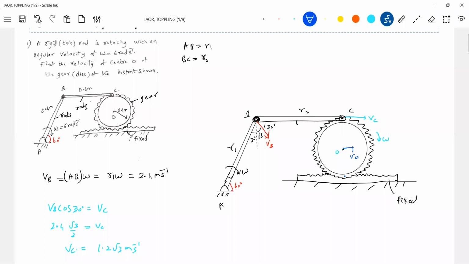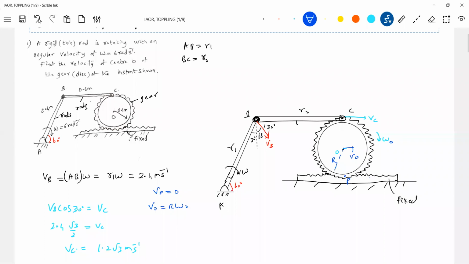So here V naught should be equal to the radius, which is given as R. V naught is equal to R omega naught. In fact, it will be rolling. The velocity of this point P on this particular gear, you can write it: velocity of point P must be 0. And V naught minus R omega naught.